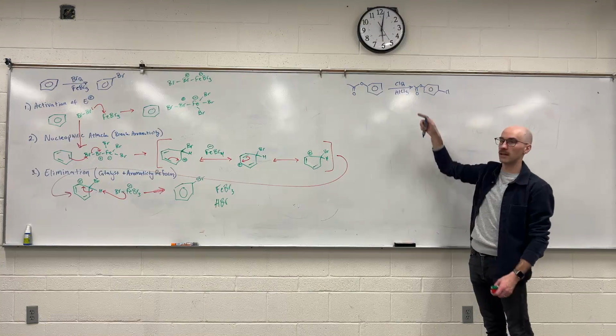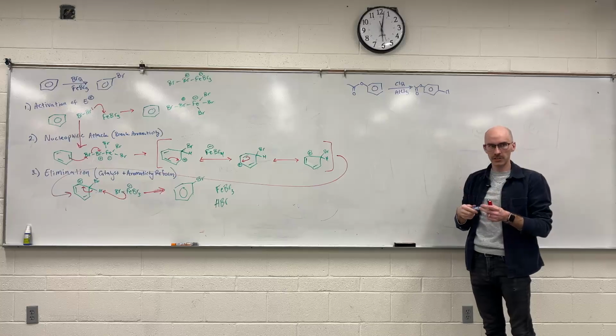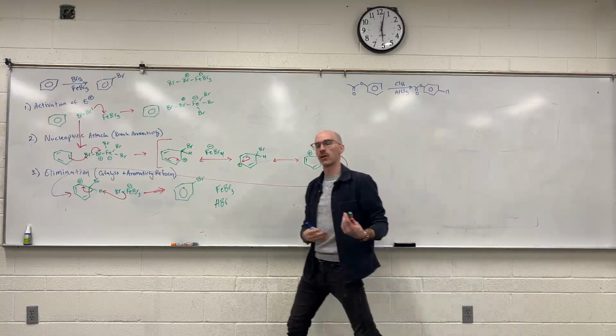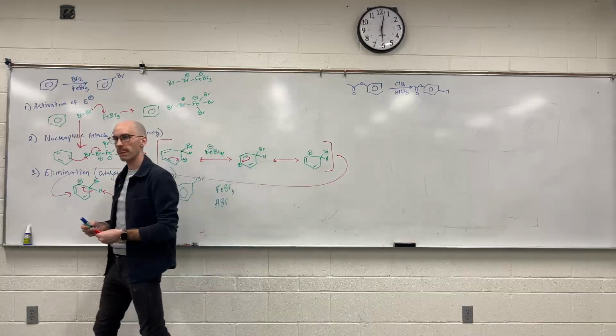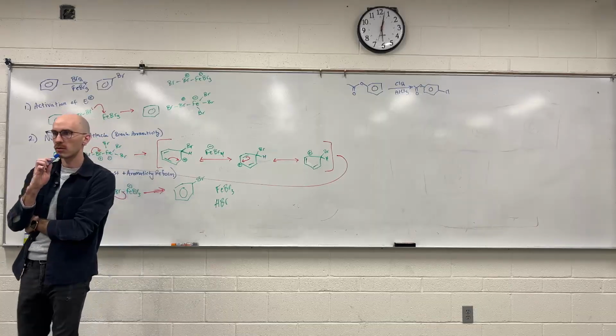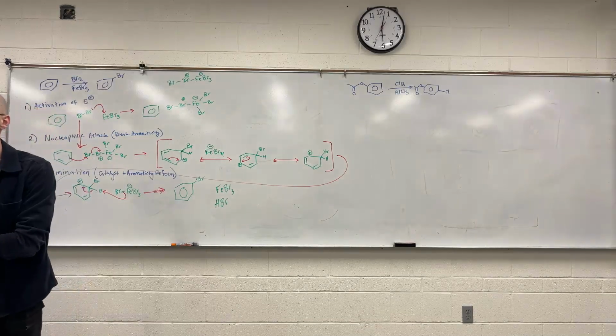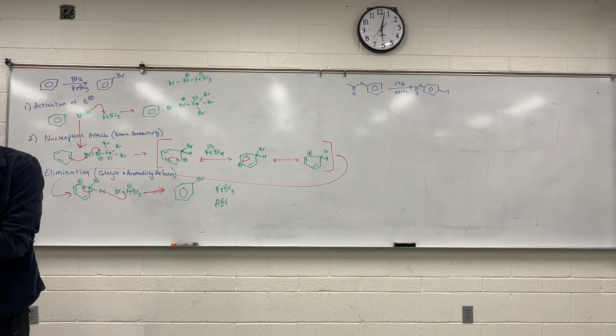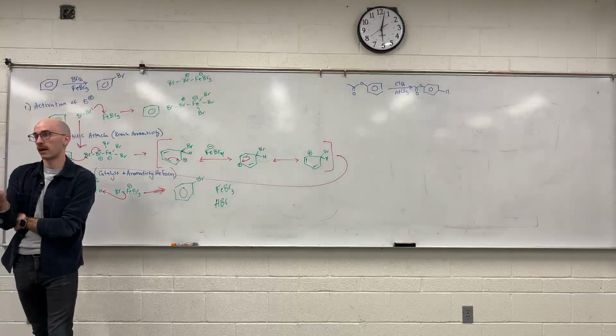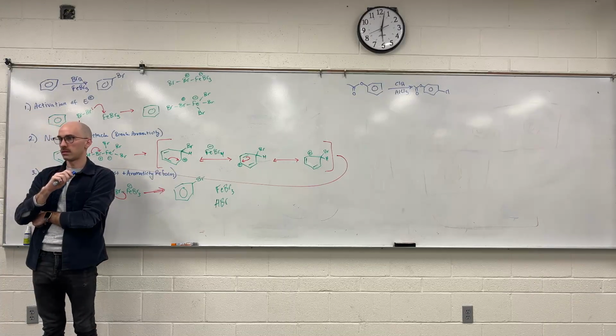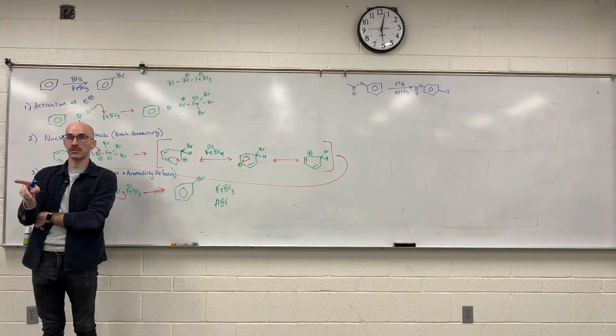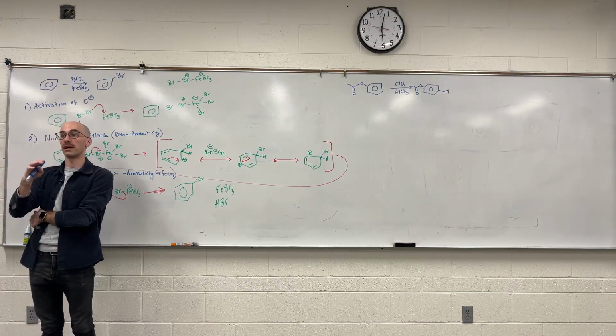Ester. Is this an electron donating group, a halogen, or an electron withdrawing group? It's electron withdrawing? Electron donating? What evidence do you have? That is true that oxygen is electronegative, but the oxygen also has a lone pair.